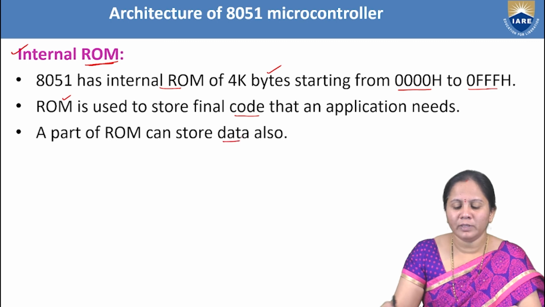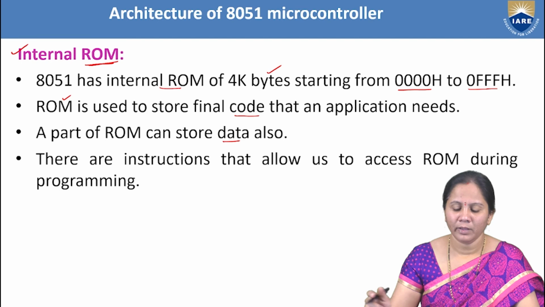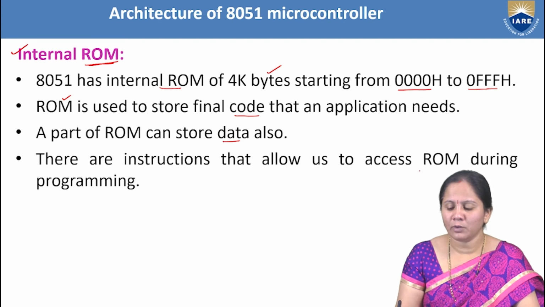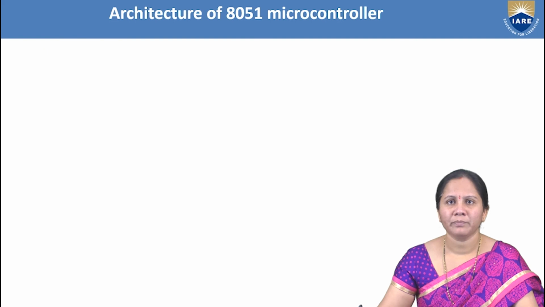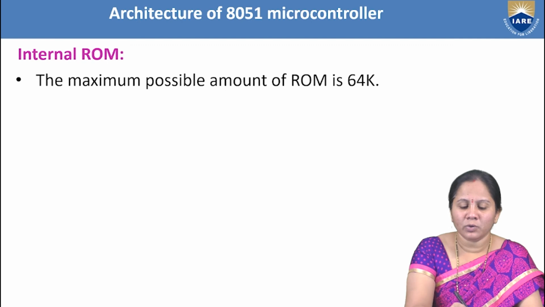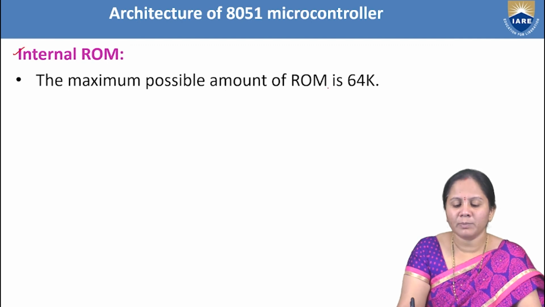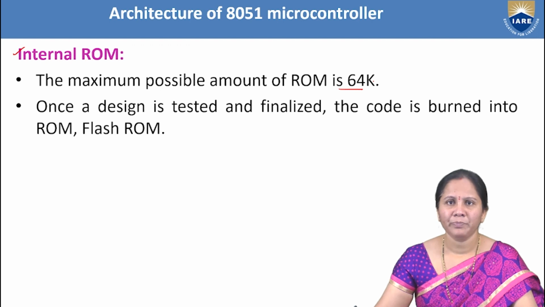Some part of the ROM can also be used to store data. There are instructions that allow access to ROM during programming. The maximum possible amount of ROM is 64 kilobytes.